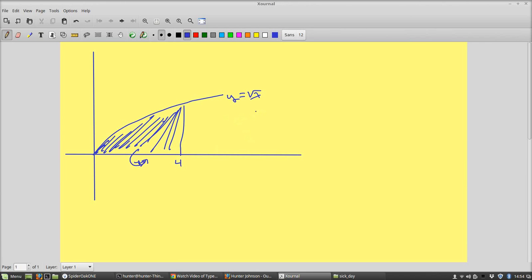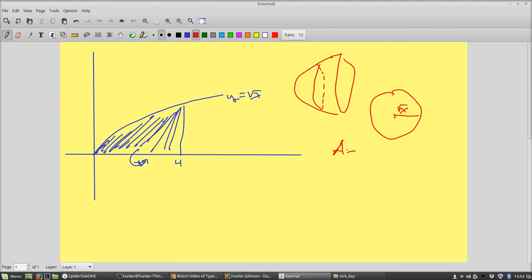Okay. Then this is going to look kind of like a bullet, kind of like this. And a cross-section will just be a circle. And the radius of the cross-section will just be the square root of x. And so the area of a slice will be pi times square root of x squared, which is pi times x.